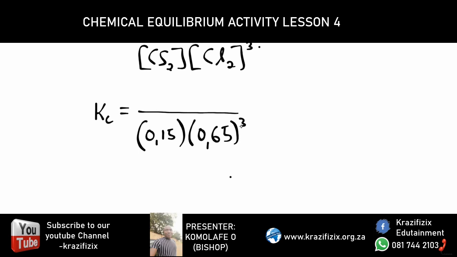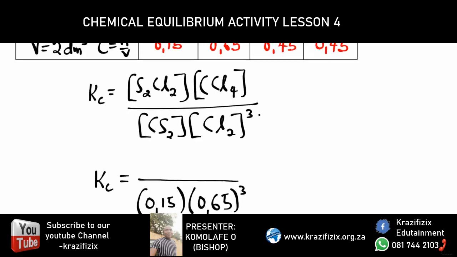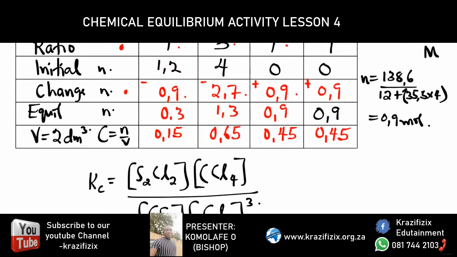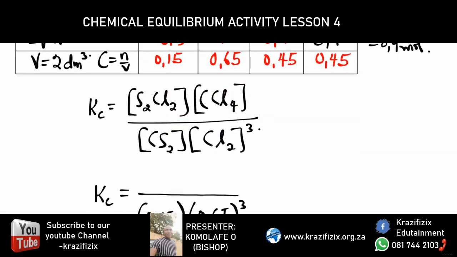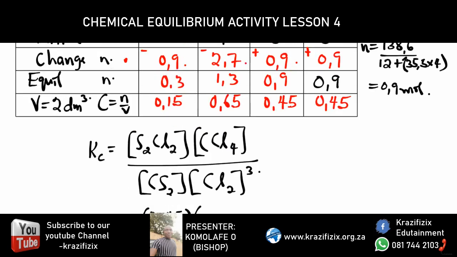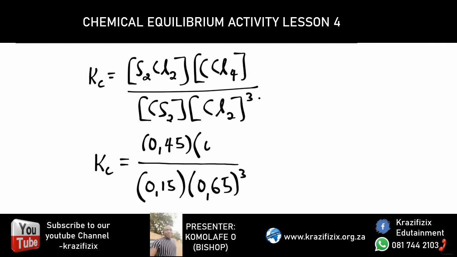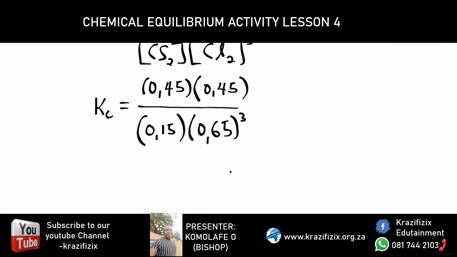Now, what else do we have? S2Cl2, 0,45 there. What's the power? One. And CCl4, 0,45. So what is your final answer?